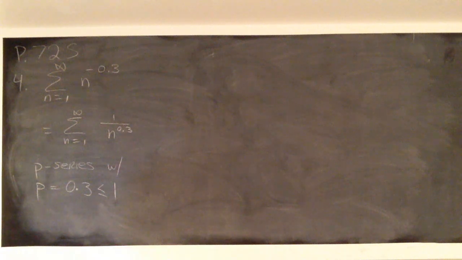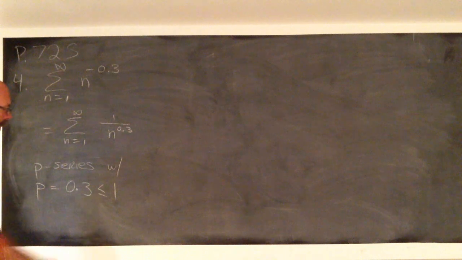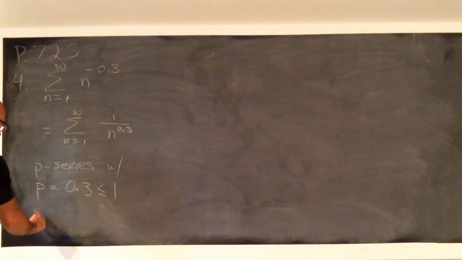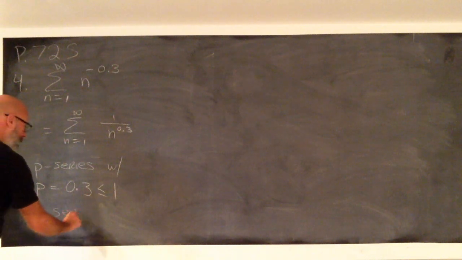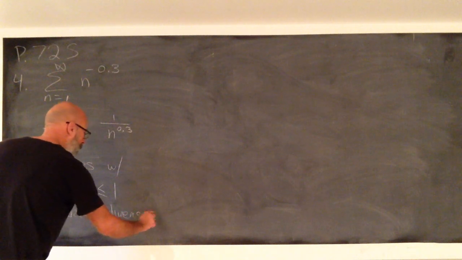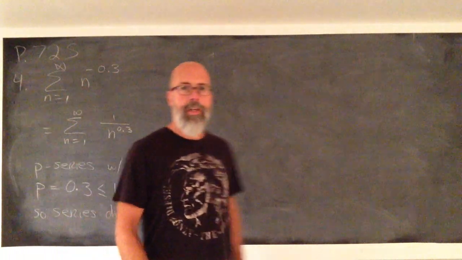And we saw moments ago that if p is less than or equal to 1, the series diverges. So the series diverges. It is a divergent p-series.